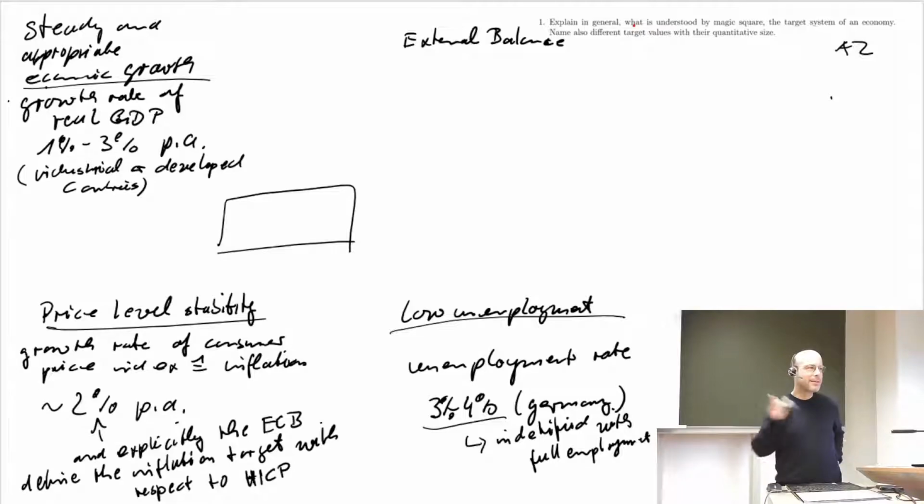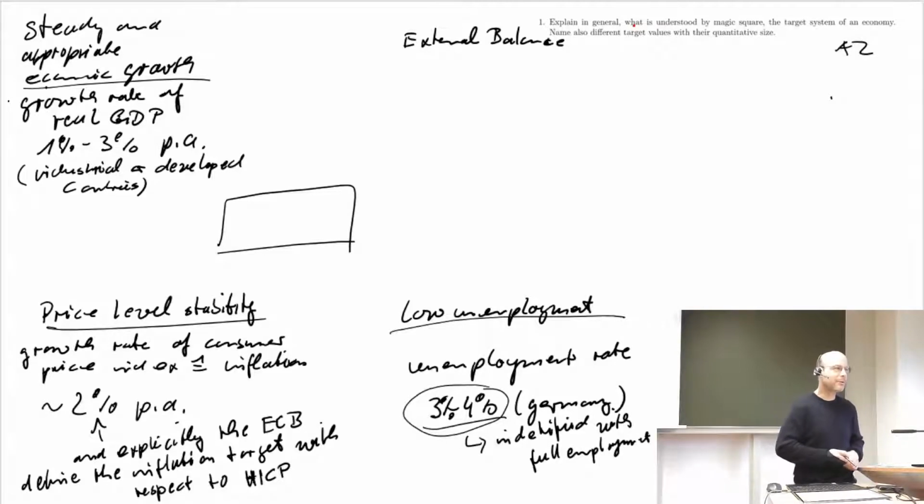And what is it, this Bürgergeld? And why I would say this is strongly related to this quantitative target.